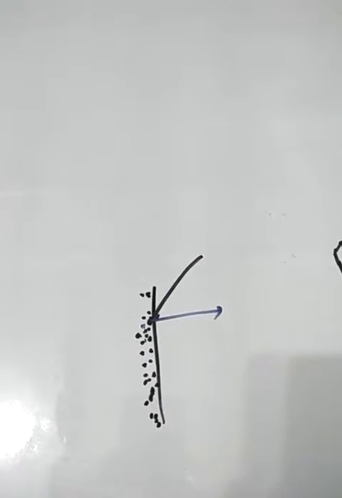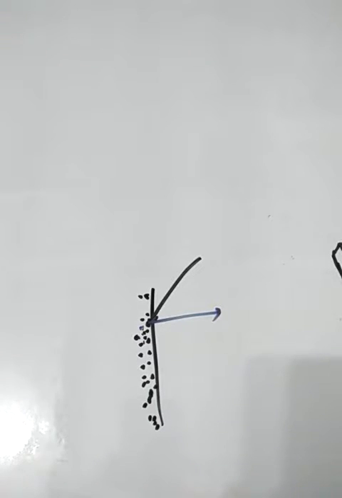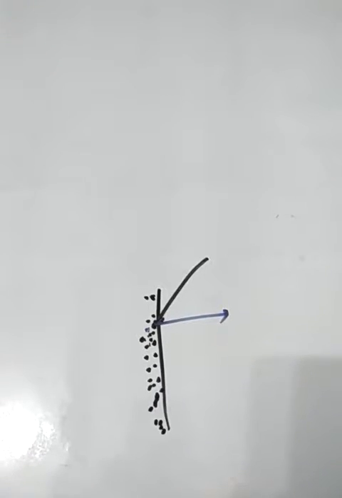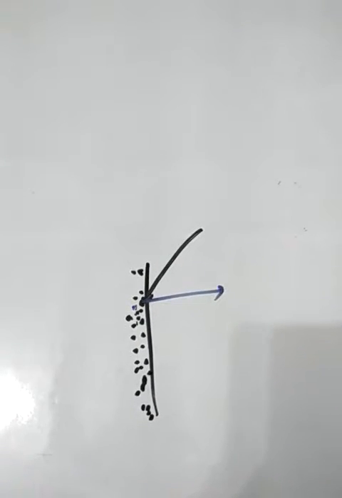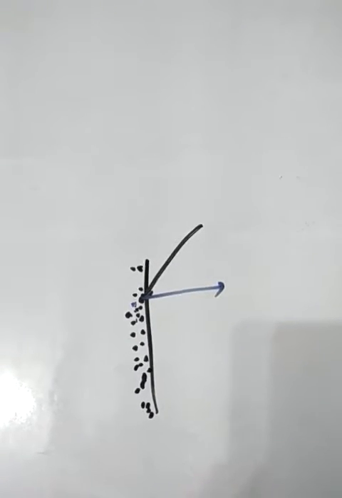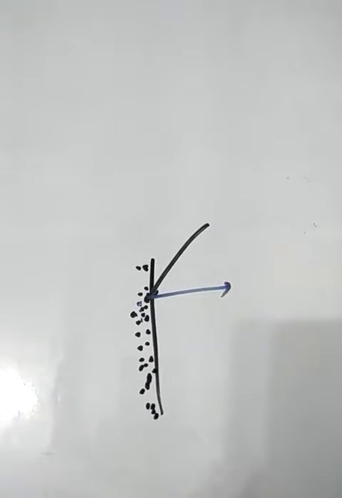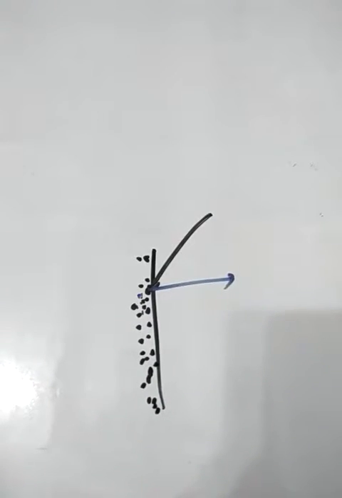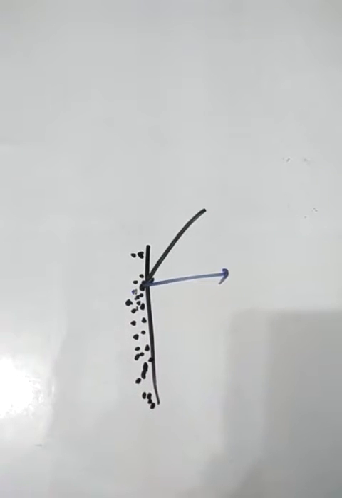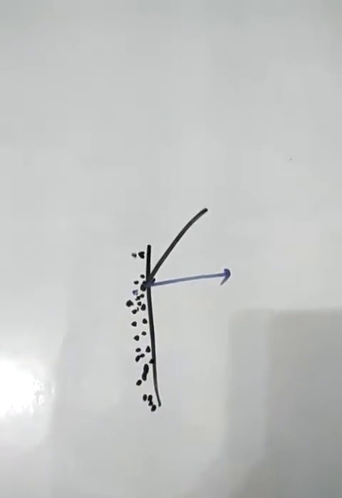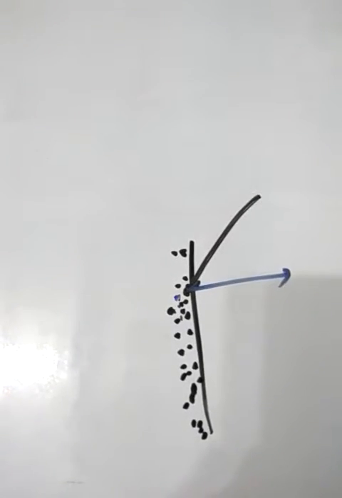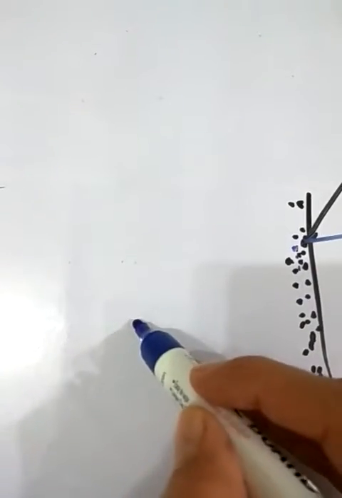So it implies that there has to be a certain minimum energy equal to the attraction energy, so that the attraction energy gets cancelled by that minimum energy provided by the incident light. That minimum energy is called phi.